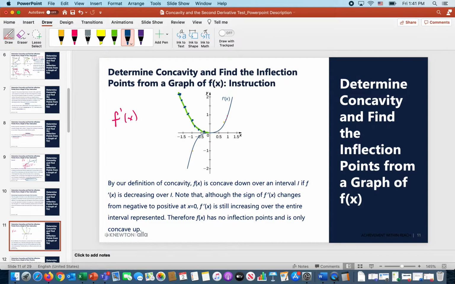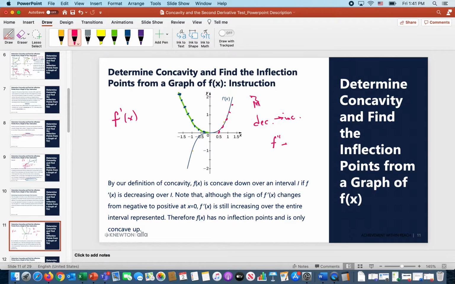And now the tangent lines are increasing in value. Because there's a change from decreasing to increasing, we have a change in concavity.